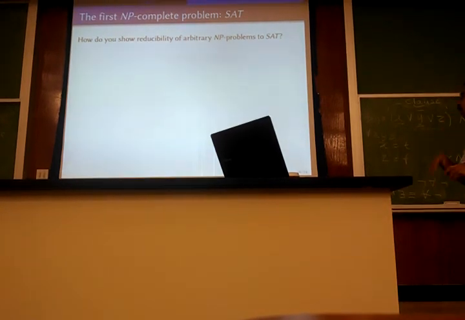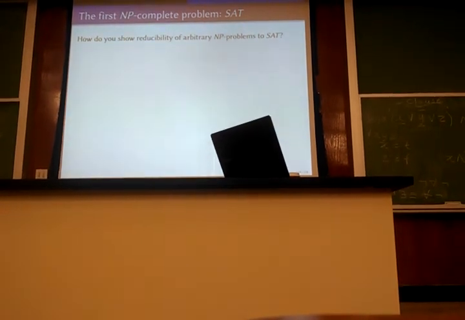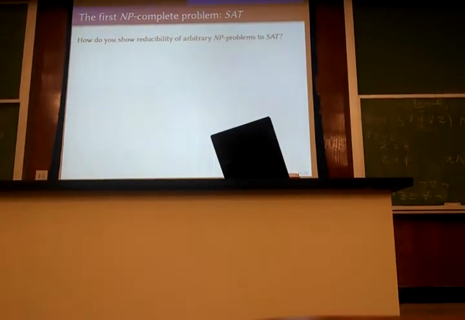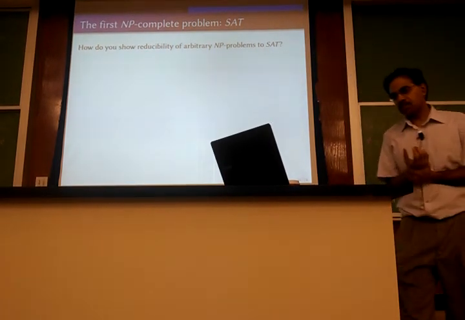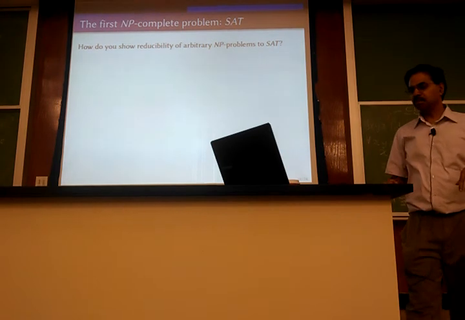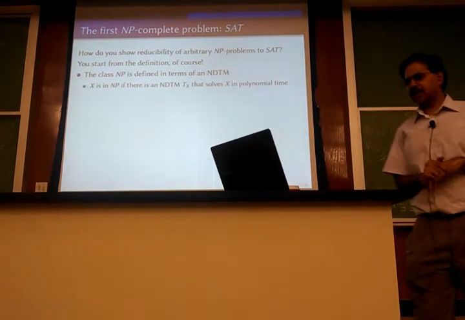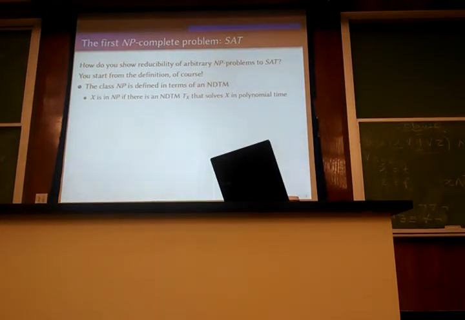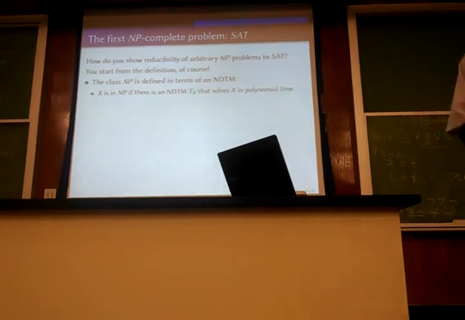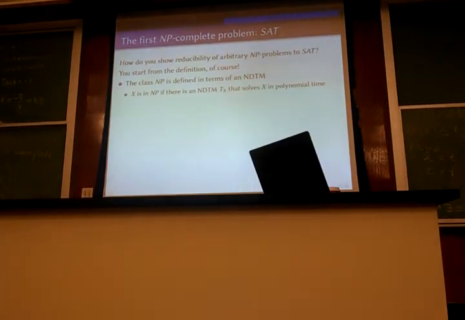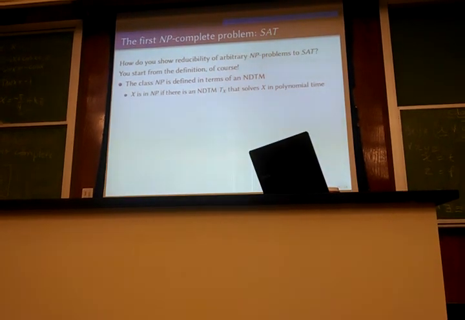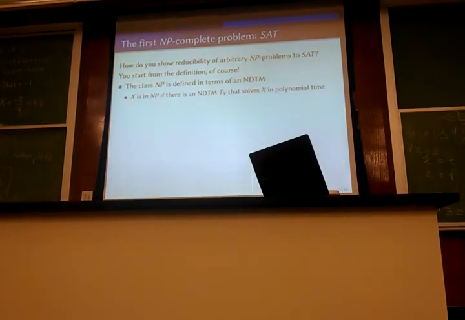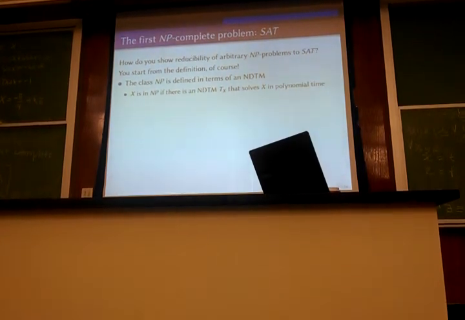So I'm not going to go into exactly how this proof goes, but I think we can give enough of the intuition. How do you reduce an arbitrary NP problem to SAT? The basic idea is, you start with the formulation of the problem. What is NP? NP is formulated using non-deterministic Turing machines. So the way you prove that satisfiability is NP complete is by saying, give me the transition function for this non-deterministic Turing machine.